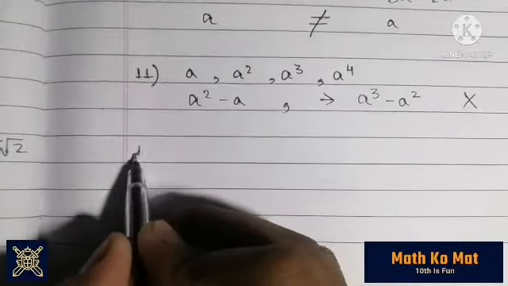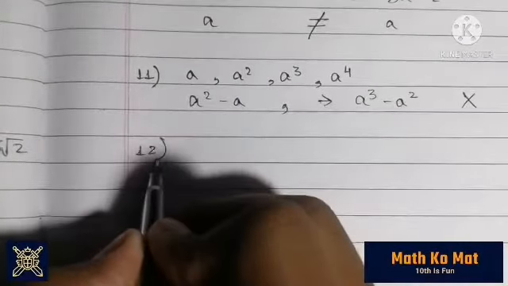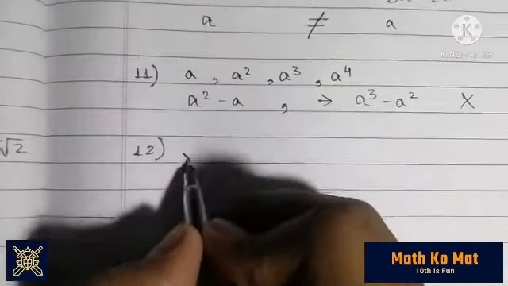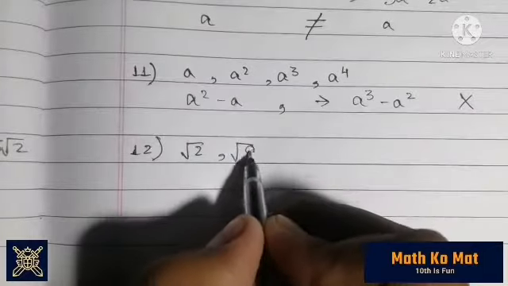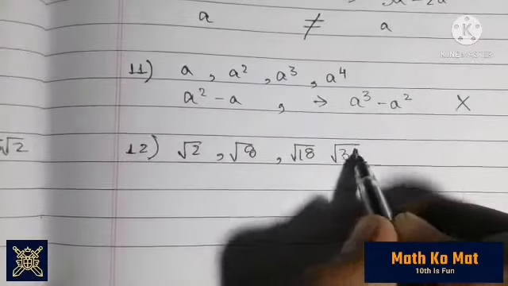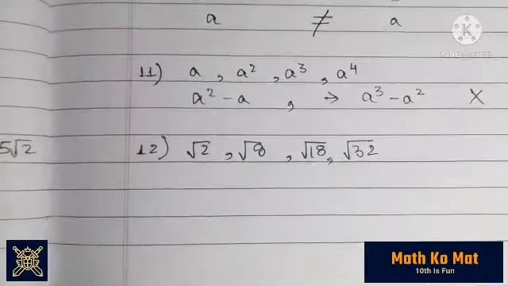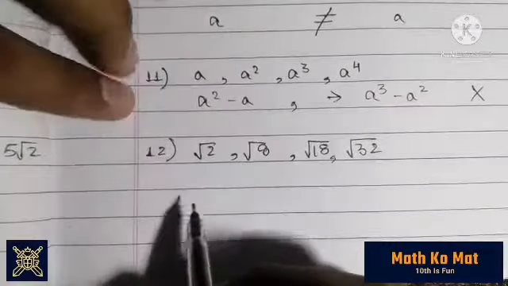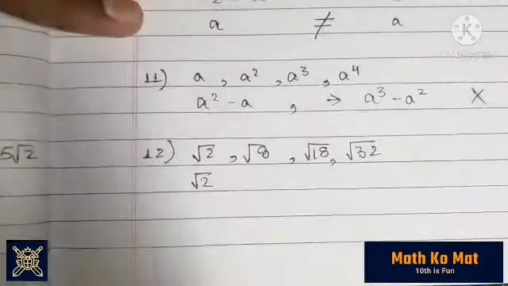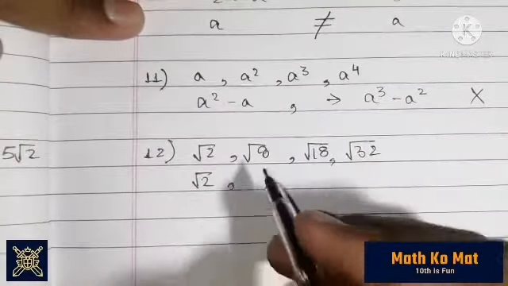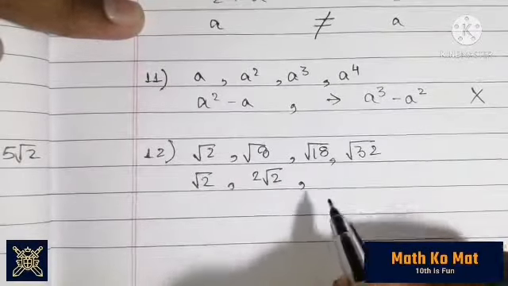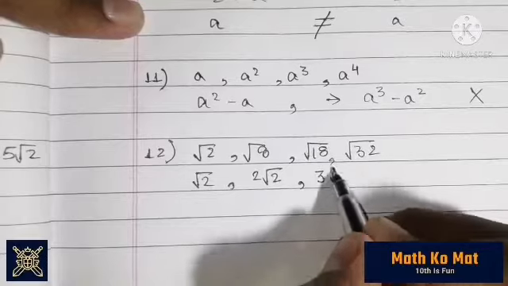So for the 12th part, we have root 2, root 8, root 18 and root 32. Now let's check. Root 2 can be written as root 2, just the same thing. But root 8 can be expressed as 2 root 2. Root 18 can be expressed as 3 root 2.